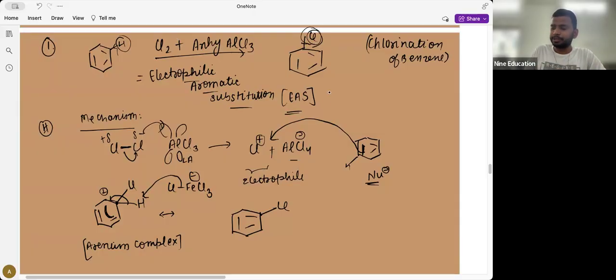And in some books it is also written as ARSE. ARSE means aromatic substitution electrophilic.